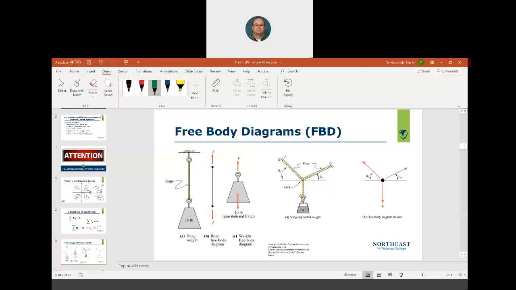Because the weight is pulling it down, and it's being stretched. See, my senses, my arrowheads, are in opposite directions. The magnitudes, F, are the same, and my line of action has not changed. So that rope is in tension.